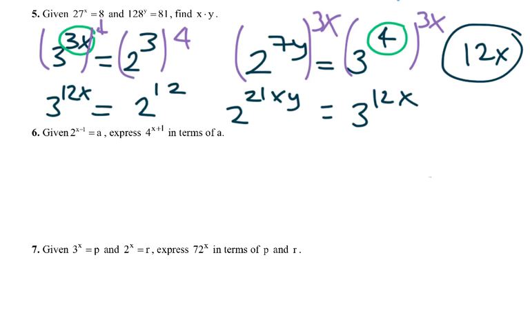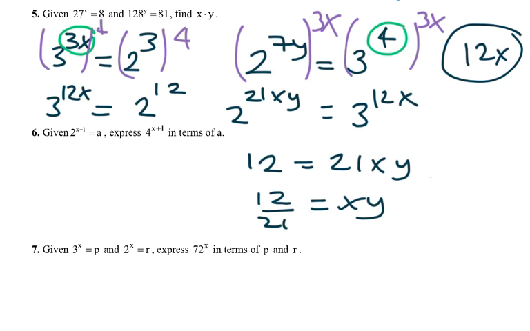And we can see then that 12 is equal to 21xy. Xy is then going to be equal to 12 over 21, which is then equal to, divide them both by 3, 4 over 7.